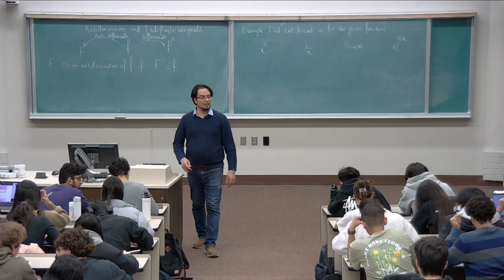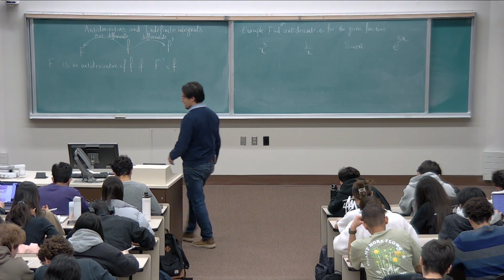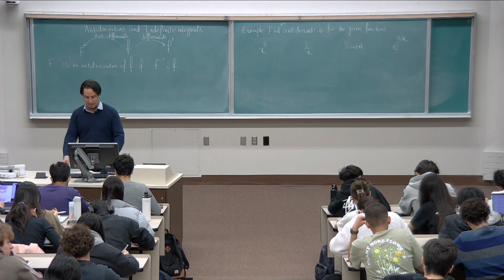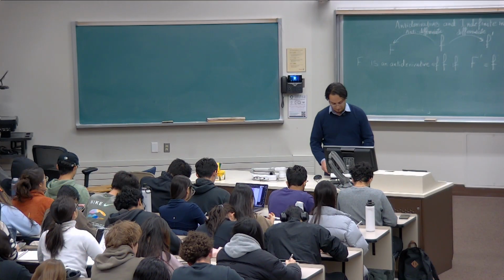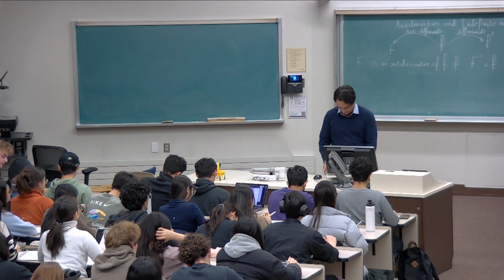Well, you have 1 minute. Go ahead. Feel free to talk to the person sitting next to you. I would love to hear some chatting and find those antiderivatives for me. Thank you.